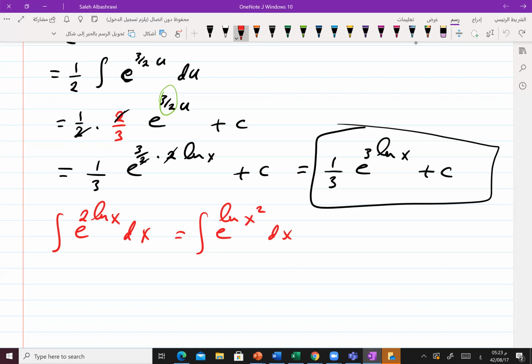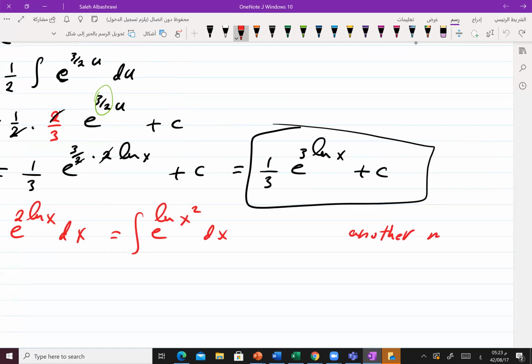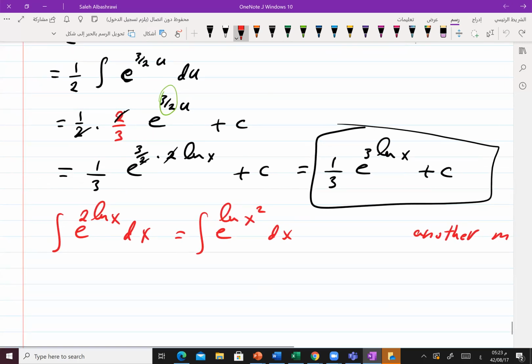Let me put this as another method. We know from the logarithmic property that if we have an exponential with a logarithm with the same base, then they remove each other. This is one of the properties of the logarithmic functions.